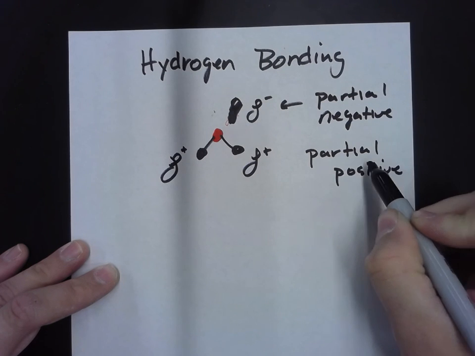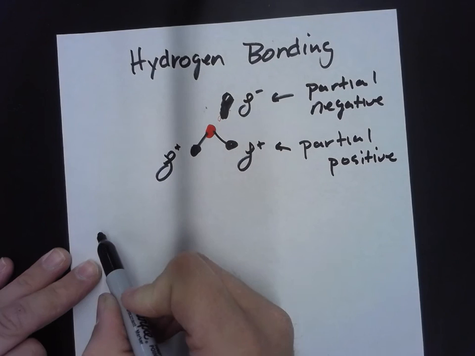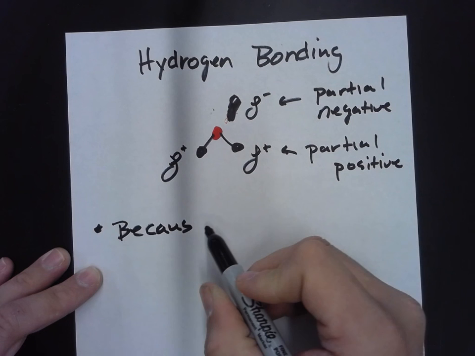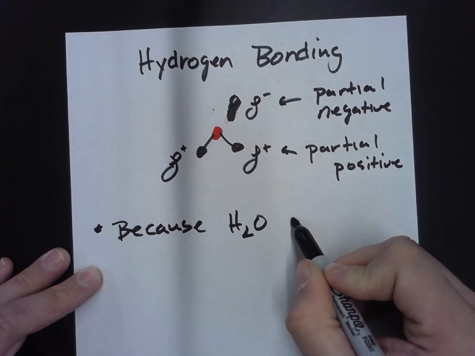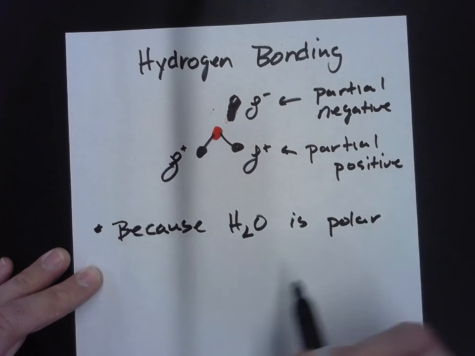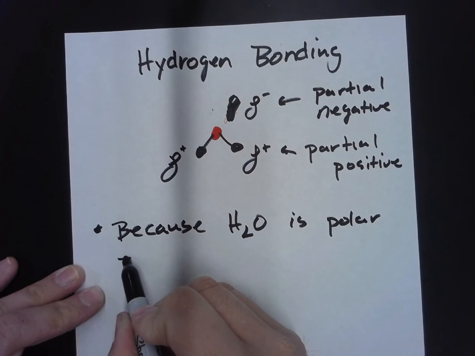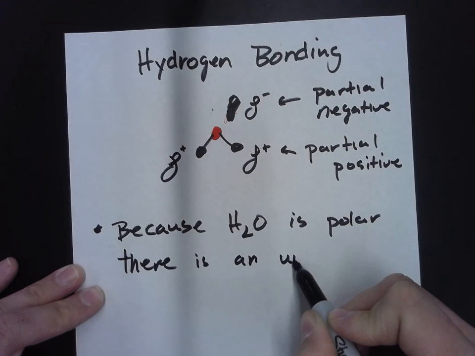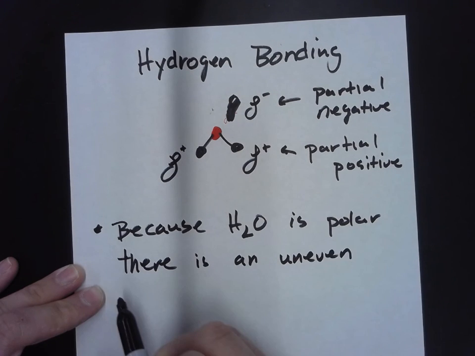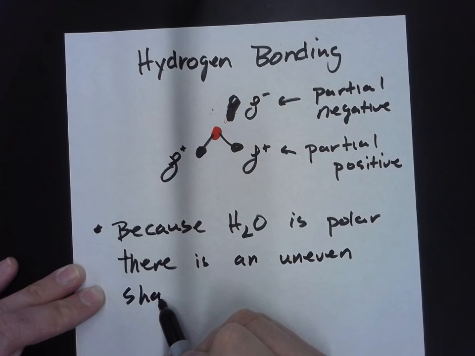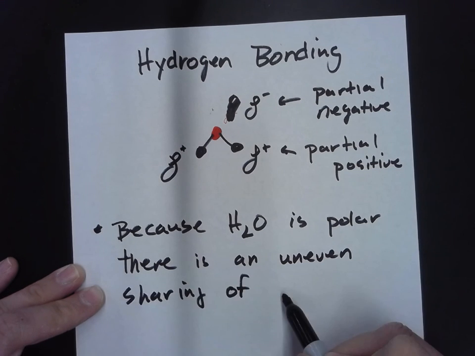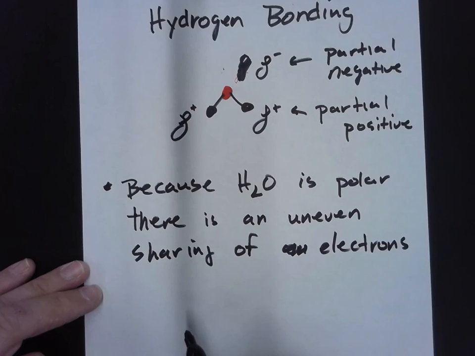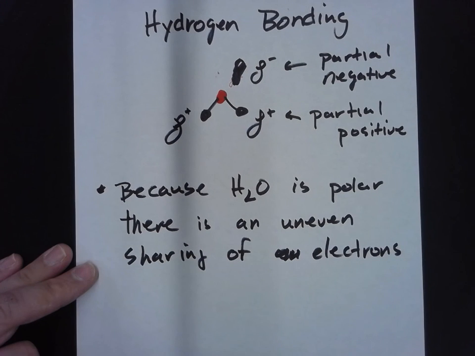Let's write this in the notes. Because H2O is polar, there is an uneven sharing of electrons. This means that there's a partial charge.